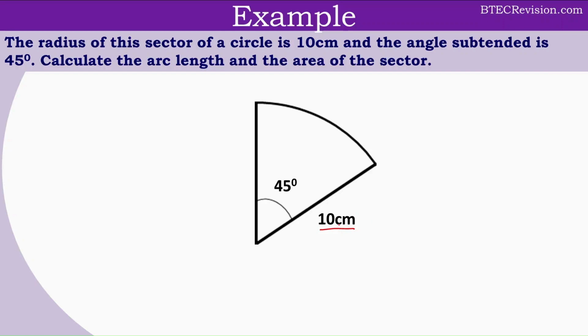There's 100 centimeters in 1 meter, so therefore we would need to divide this number by 100 to get meters, and that's going to be equal to 0.1 meters. The next thing we should know is that the angle is in degrees. So this needs to be converted into radians. And we know from our table, 45 degrees is equal to pi over 4 radians.